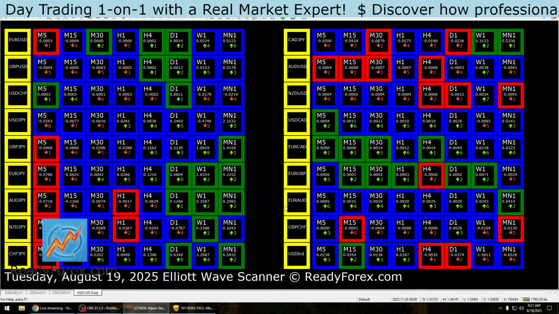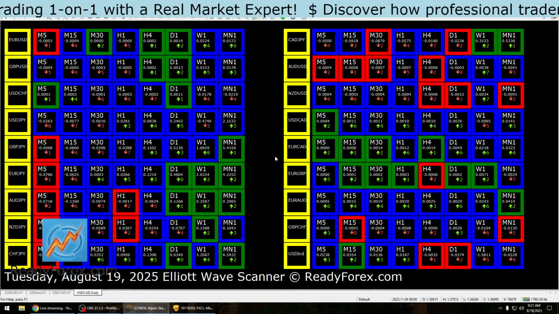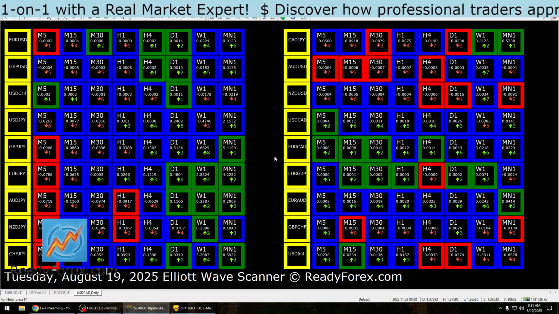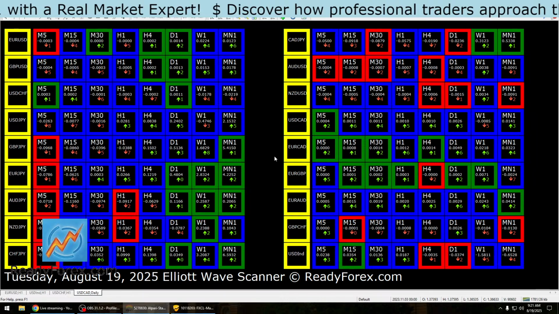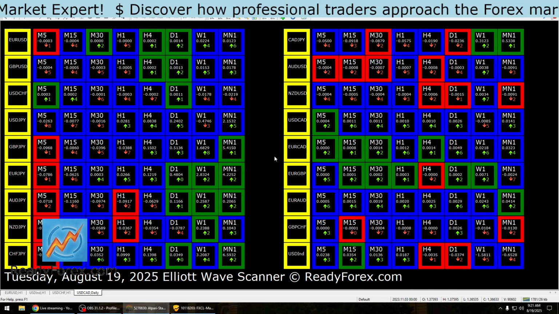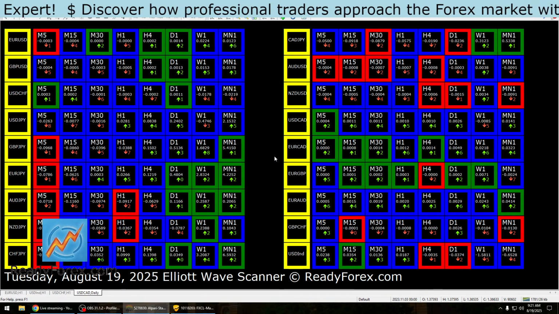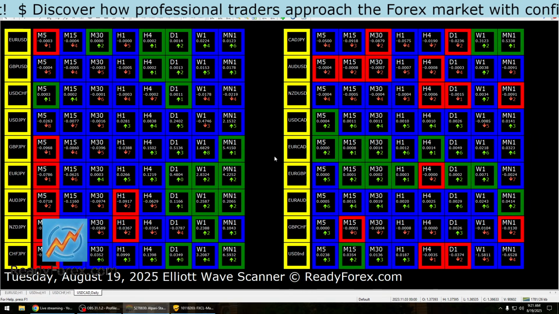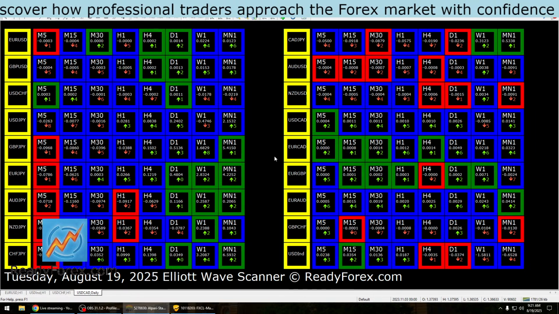Let's see, yes, EURUSD is here. So EURUSD is going up. I see green, 5 minutes, 15 minutes, 30 minutes. 1 hour is a little bit sideways. 4 hour looks bullish. Daily, weekly, monthly, they all look bullish.